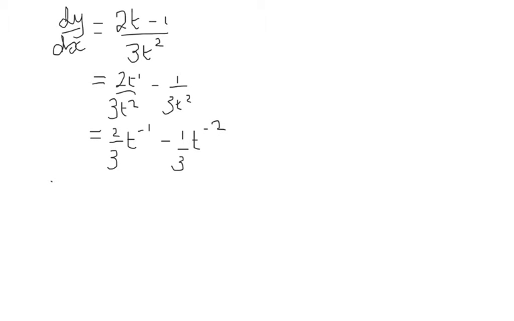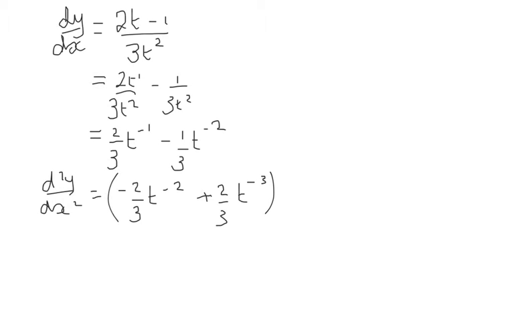So the second derivative, we differentiate the above, negative 2/3 t to the negative 2, add 2/3 t to the negative 3, and multiply all of this by dt/dx.